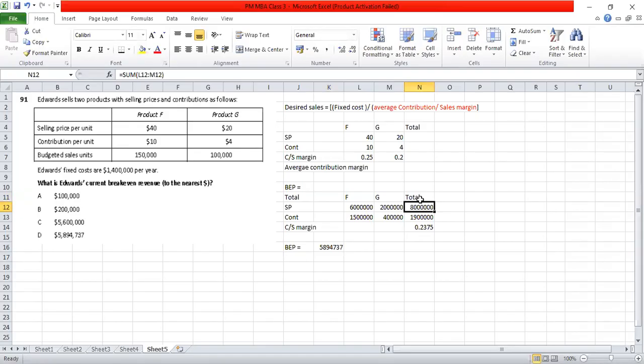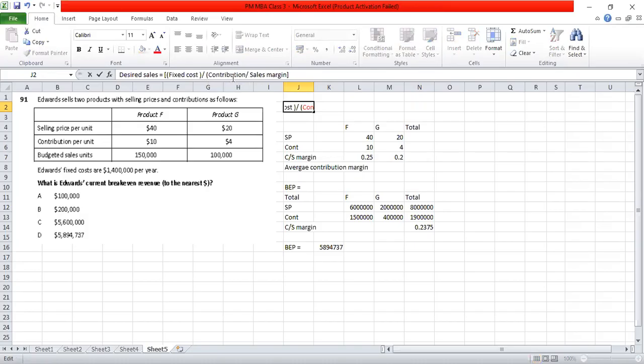So I will also make a note of it. If it is break-even sales revenue, we cannot go with the average contribution margin. We have to find out the total contribution by sales ratio. This is total contribution margin. Contribution by sales margin.